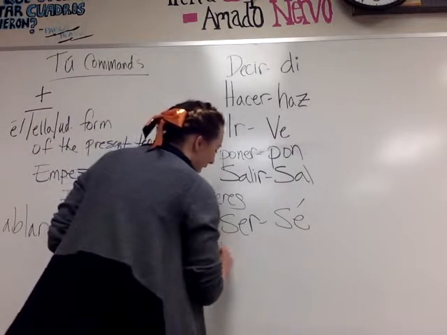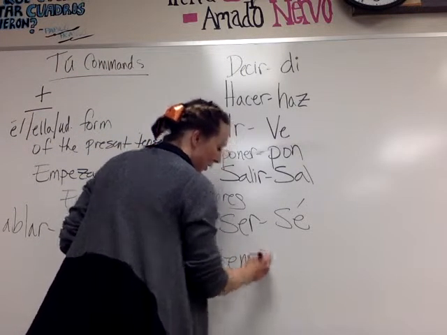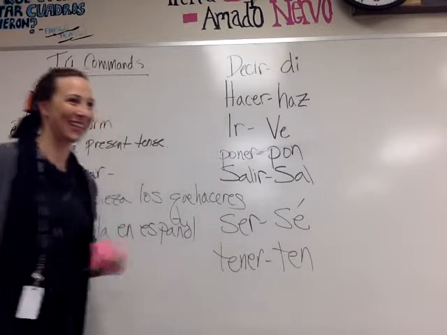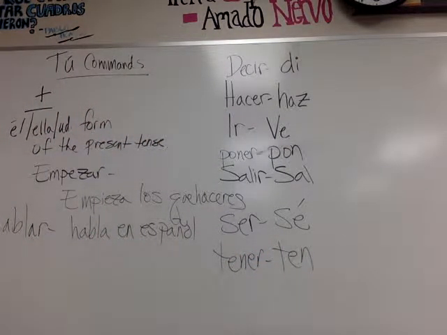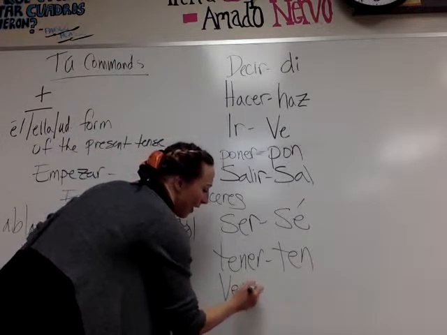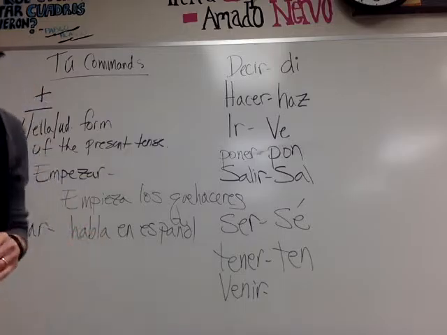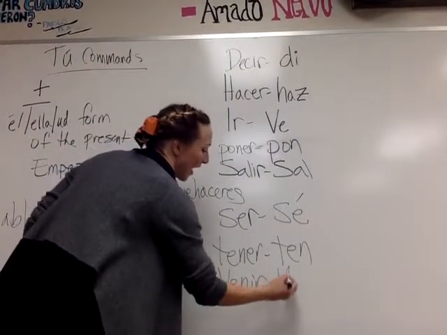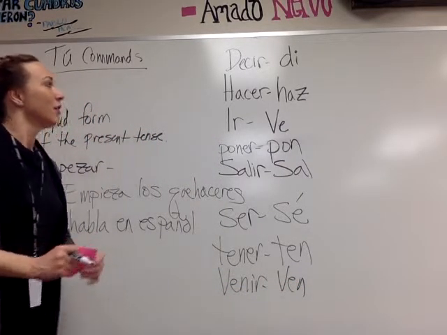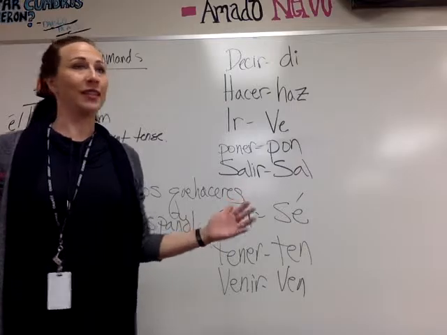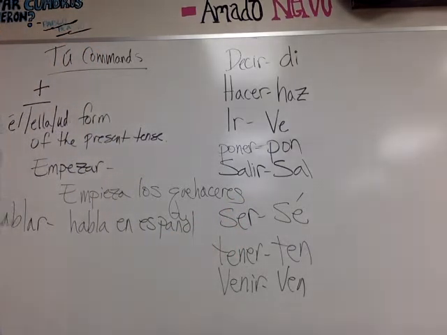All right, tener. What does tener mean? To have. The tú command for tener is ten. And then the very last one is venir. What does venir mean? To come to or to come from, and it becomes ven. So it's di, haz, ve, pon, sal, sé, ten, ven. That's it. Those are your irregulars.